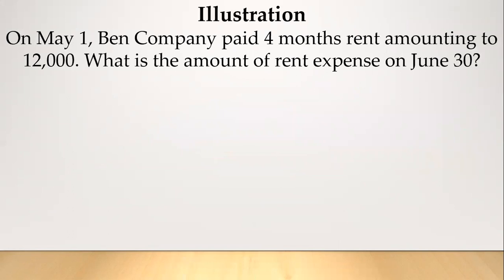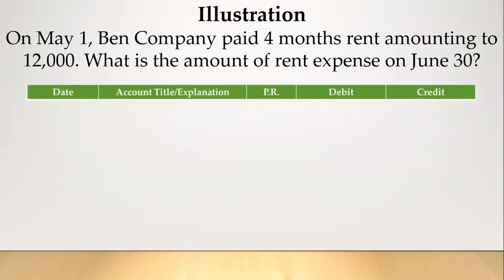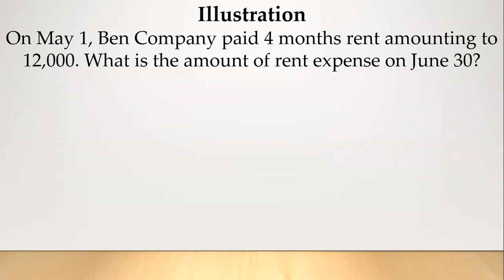On May 1, Ben Company paid 4 months rent amounting to 12,000. What is the amount of rent expense on June 30? Before we proceed to the adjusting entry, what would be the record on May 1? That would be prepaid rent of 12,000 debit, and then credit cash 12,000.